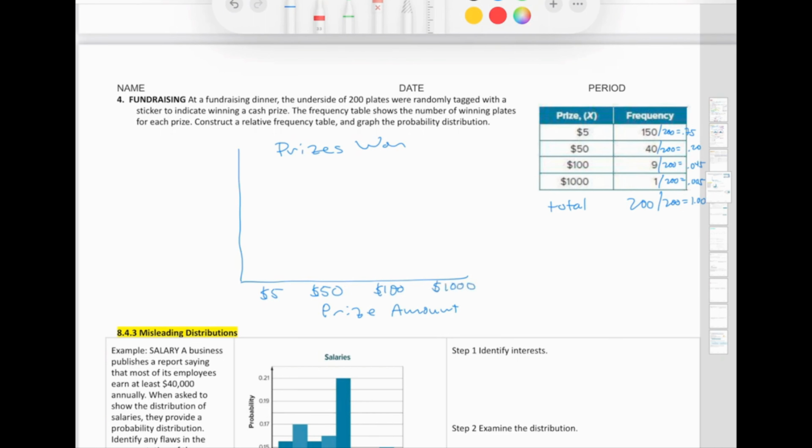And then over here, I have my probability. Again, the max I see there is 75, so I probably want 8 of them: 1, 2, 3, 4, 5, 6, 7, 8.